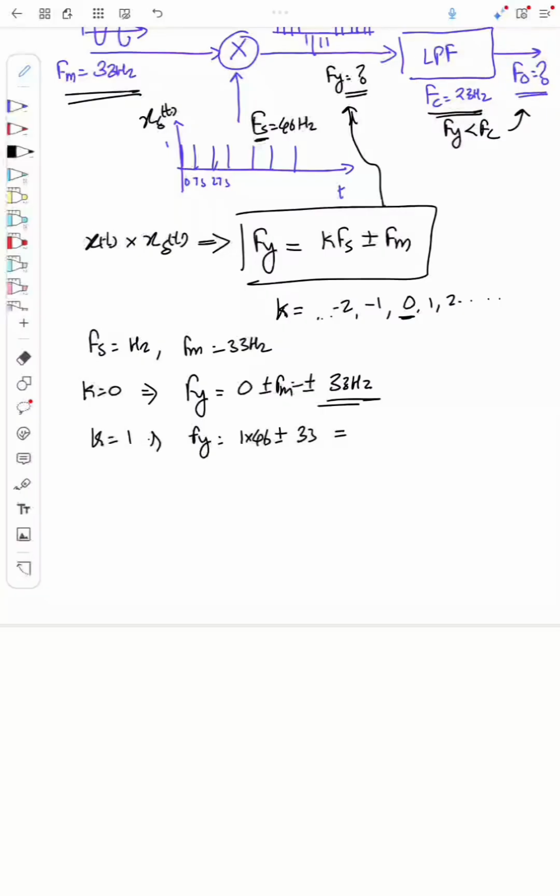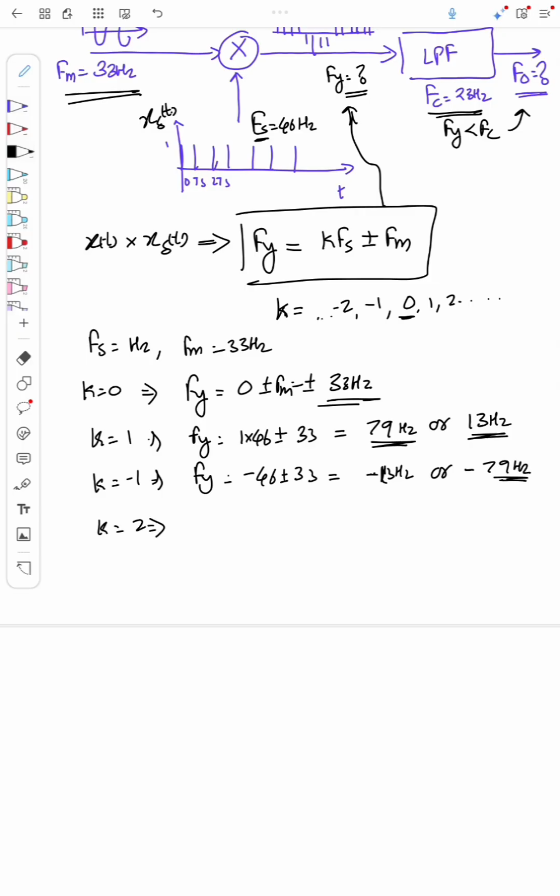So this will be either 79 Hz if it is plus, or 13 Hz if it is minus. Now if k equal to minus 1, fy will be minus 46 plus or minus 33. If it is plus, it will be minus 13 Hz, or if it is minus, it will be minus 79 Hz.